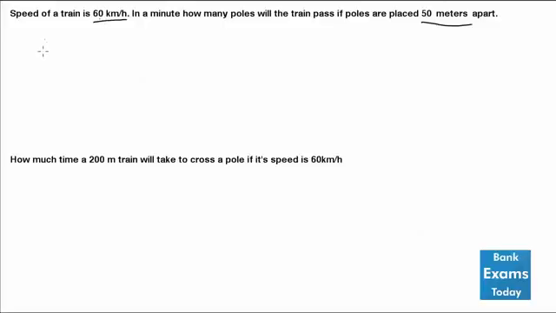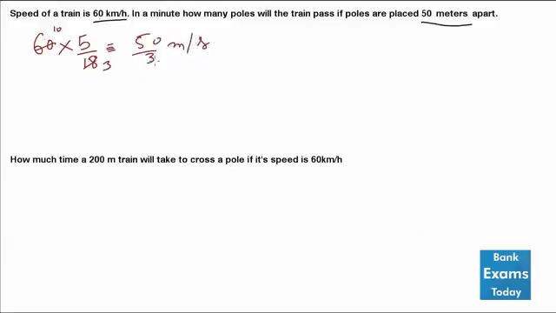So it is 60 multiplied by 5 over 18. If we want to convert speed from kilometer per hour to meter per second, we need to multiply it with 5 over 18. So it becomes 50 over 3 meters per second.